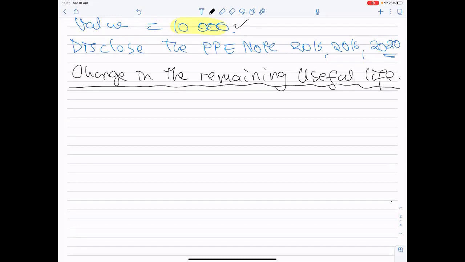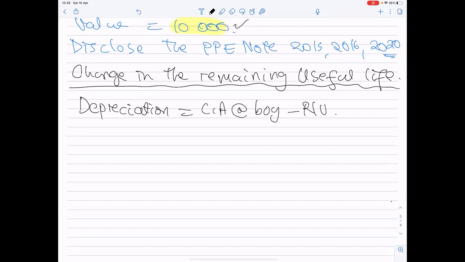The same thing that we did, we said when charging our depreciation, we will say carrying amount at the beginning of the year minus the residual value divided by the remaining useful life at the beginning of the year.